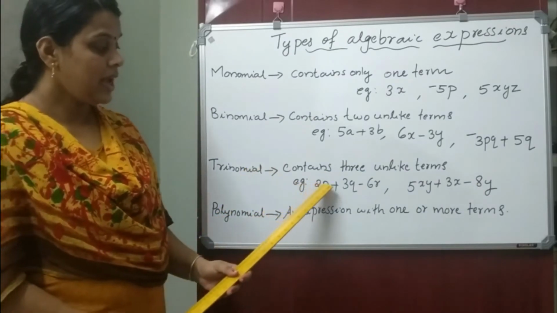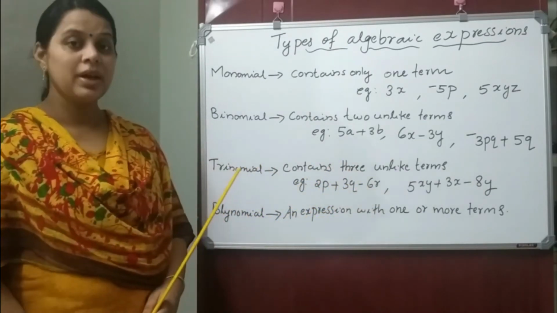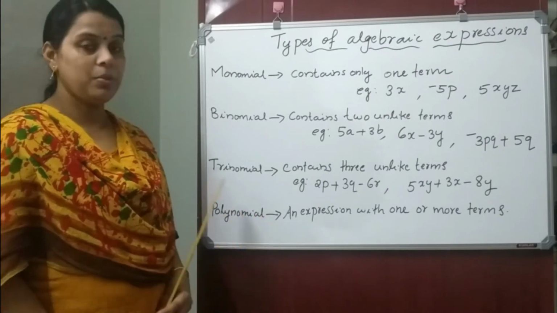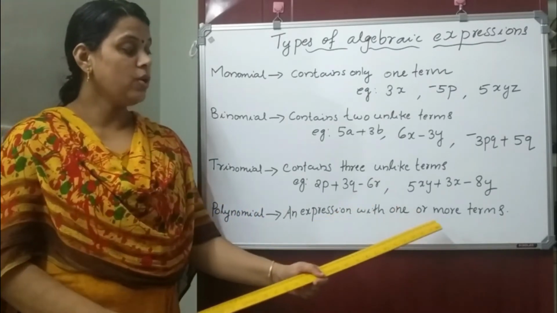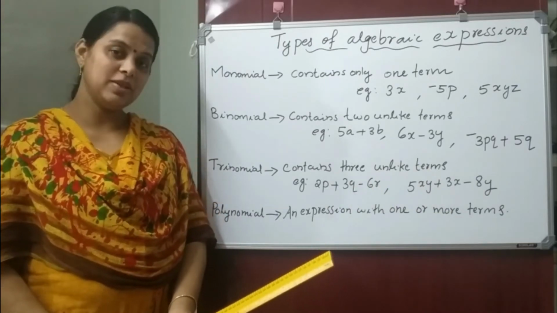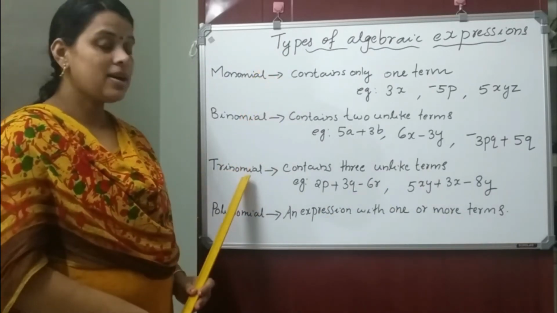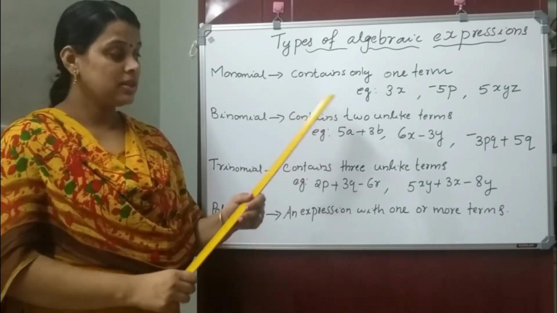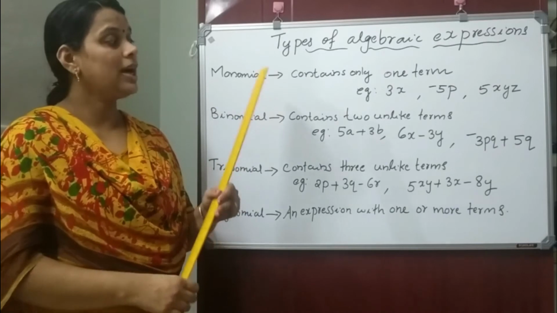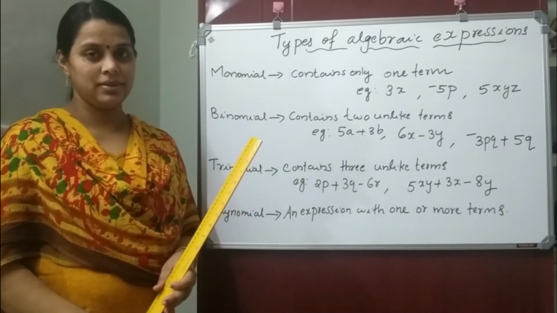Okay, three unlike terms. The last one, polynomial. What is a polynomial? An expression with one or more terms. That means all the three are polynomials. If it's one term, two terms, three terms, all are called polynomial.